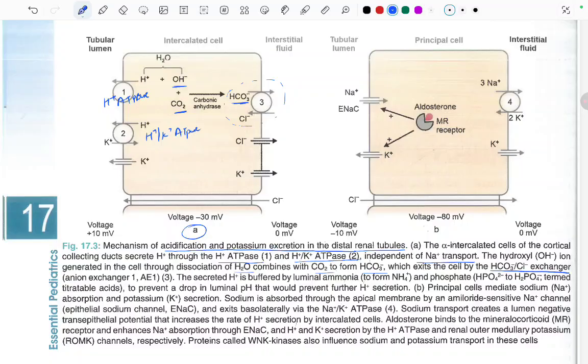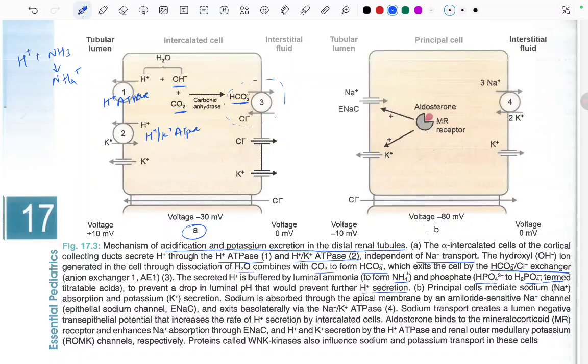The secreted H plus is buffered by luminal ammonia to form NH4 plus. So there will be tubular ammonia present. This H plus which comes out combines with the tubular ammonia to form ammonium ion, and with phosphate to form H2PO4 minus, termed titratable acid, to prevent a drop in the luminal pH that would prevent further H plus secretion.